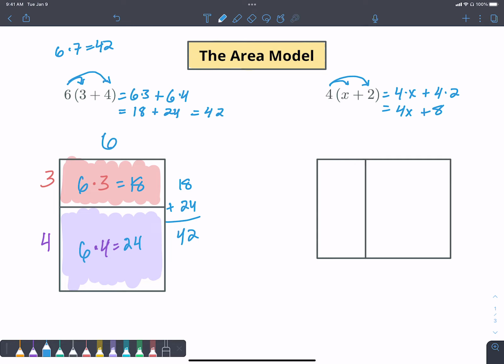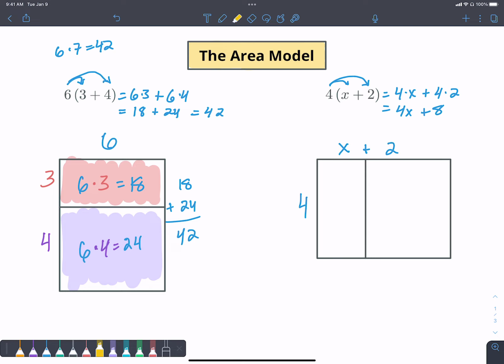But let's, again, use this model in order to show how this works. So again, here's one part. I'm going to put my 4 over here, and then I can put my x plus 2 right here. I'm putting the plus sign in here just to help keep track of this being a positive value.